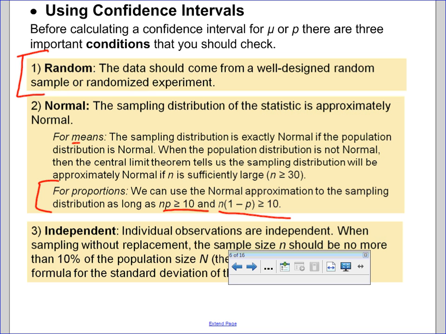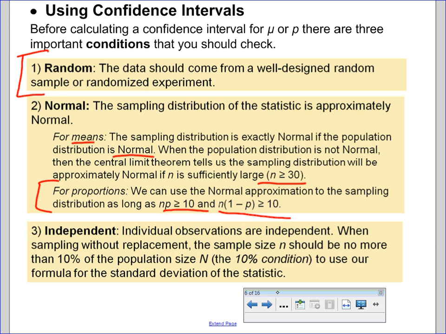For means, that means we either need to sample from a distribution that is normal, or CLT has to kick in and our sample size has to be bigger than 30. And then the last thing is independence. In order to not mess with the standard deviation of the statistic, we can't sample more than 10% of the population. You will have to state these conditions and show that you checked them on an FRQ question.